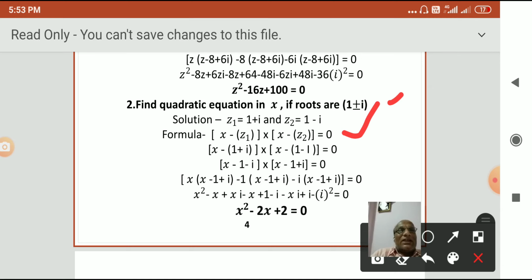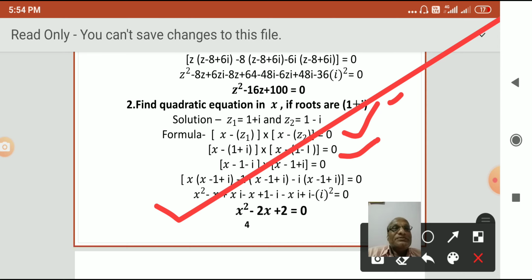Now solve these brackets. Outside there is a minus sign, so the sign changes inside. So x minus 1 minus i, first bracket, multiplied by x minus 1 plus i, second bracket. So x into the second bracket, minus 1 into the second bracket, and minus i into the second bracket. So we get 9 terms totally.